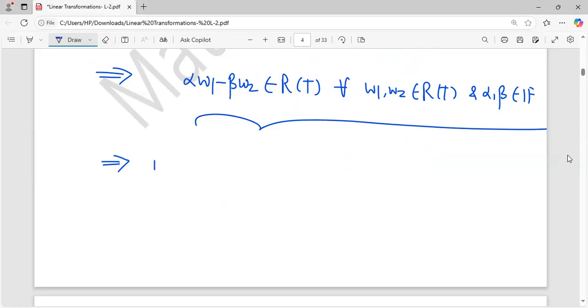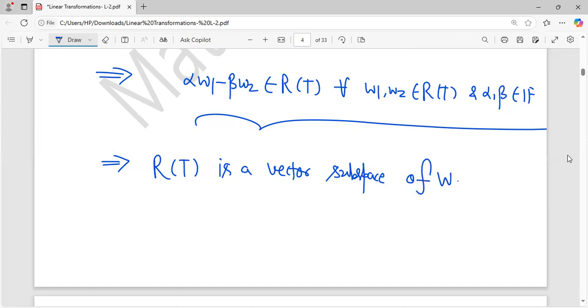This implies R(T) is a vector subspace of W.